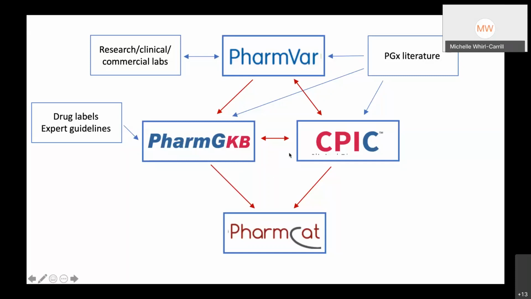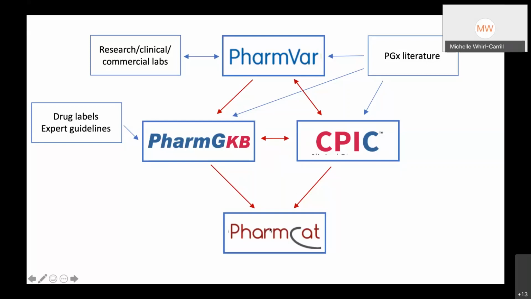But as I said, they go back and forth. PharmGKB uses CPIC material. PharmGKB shows CPIC guidelines. CPIC uses PharmGKB criteria to help assign the gene drug levels that they do, help select which gene drug pairs they're going to write guidelines about.